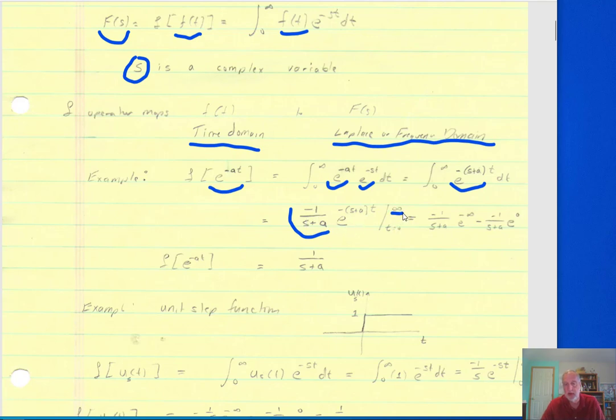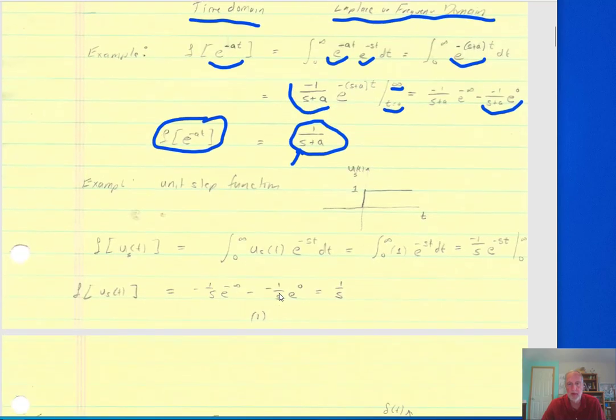The infinite limit, because of the negative sign, gives 0 for e to the minus infinity. And t equals 0 plugged in gives you this term here. There's e to the 0, we get minus 1 over s plus a. So the Laplace of the function e to the minus at is 1 over s plus a. So the time is gone, replaced by the Laplace variable s.